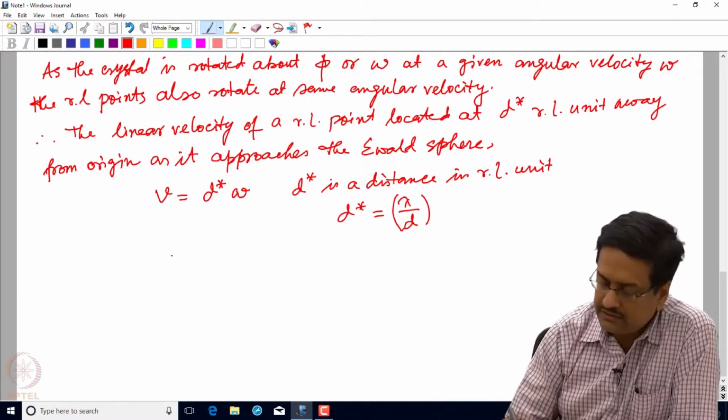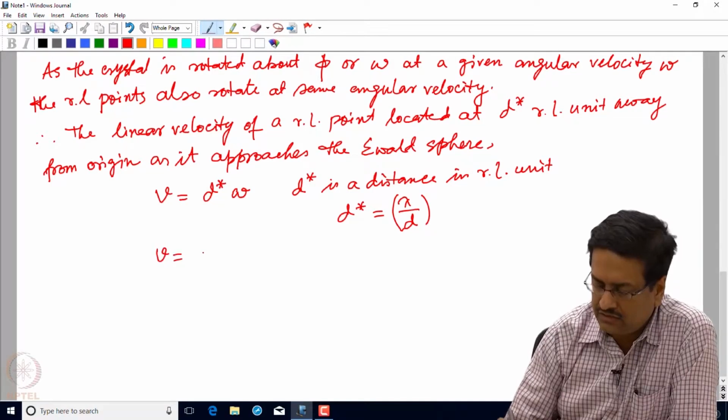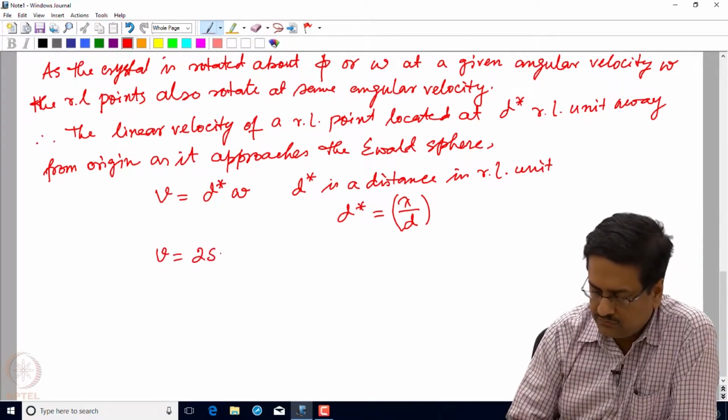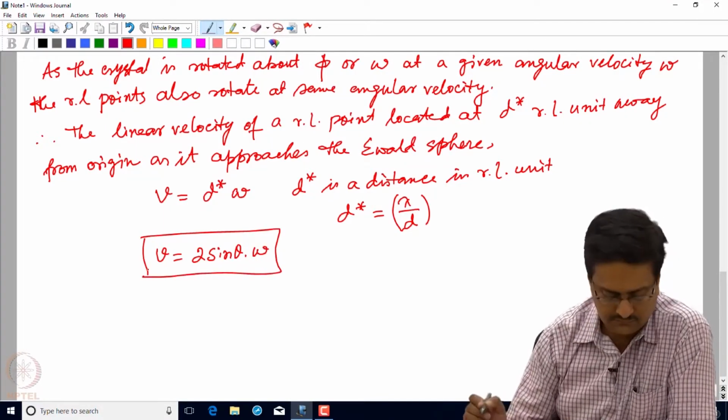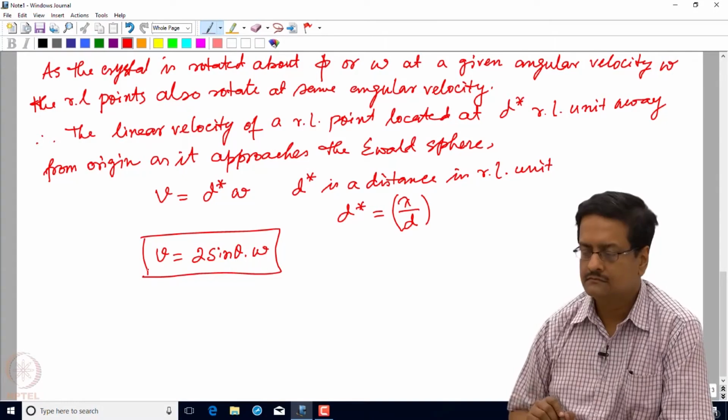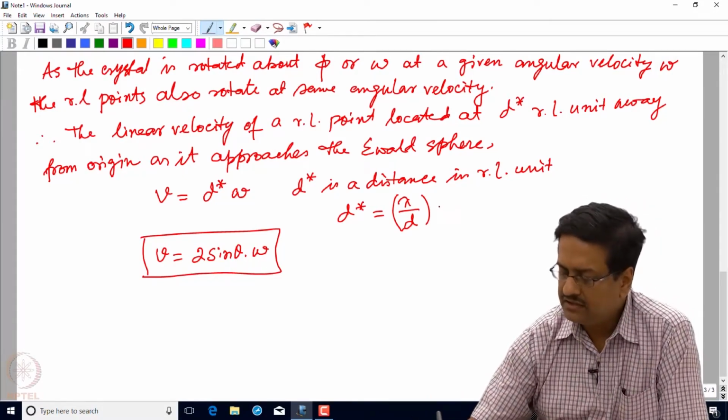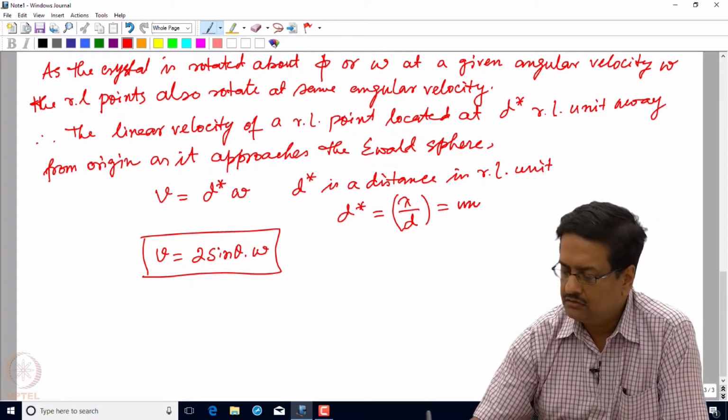So one can write this v is equal to 2 sine theta into omega following Bragg's law. This lambda by d is a unitless quantity.